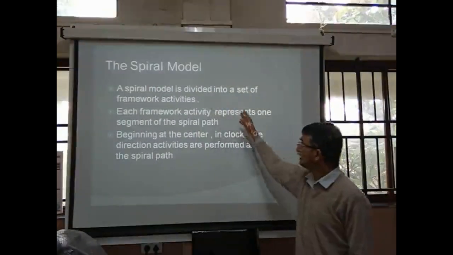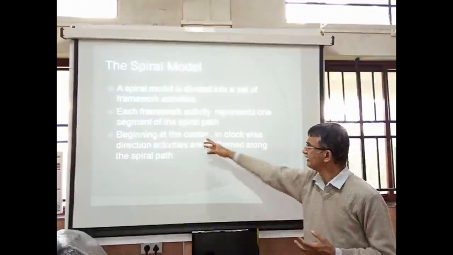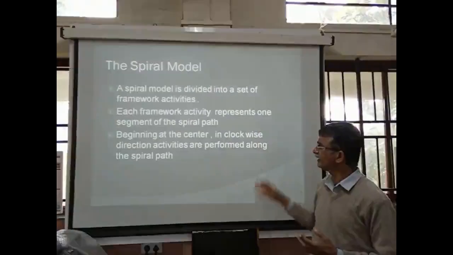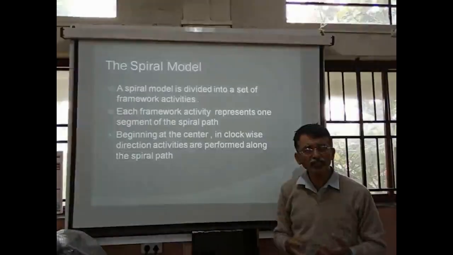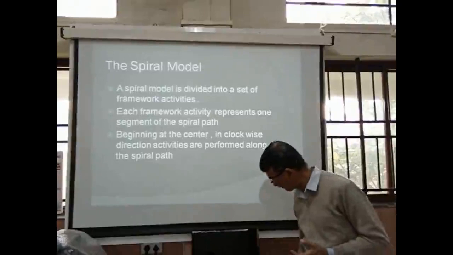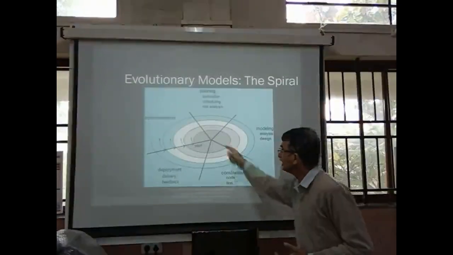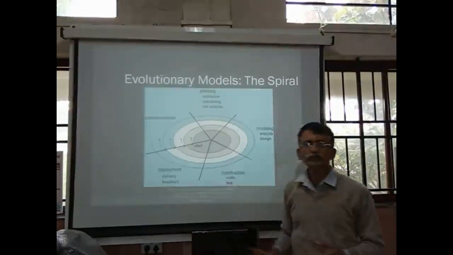A spiral model is divided into a set of framework activities. Each framework activity represents a segment of the spiral model. We have seen in the diagram, okay, that each segment represents one framework activity.